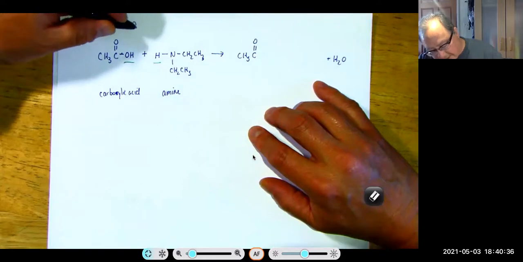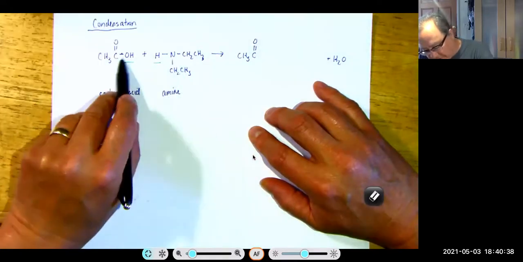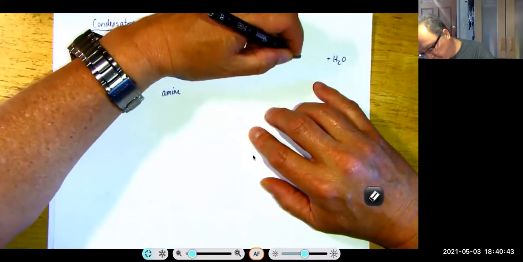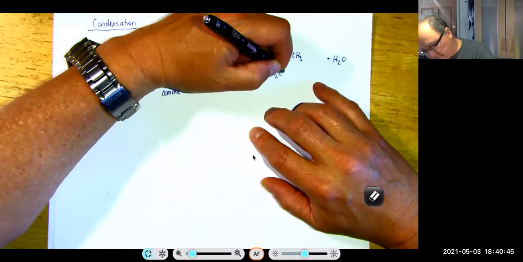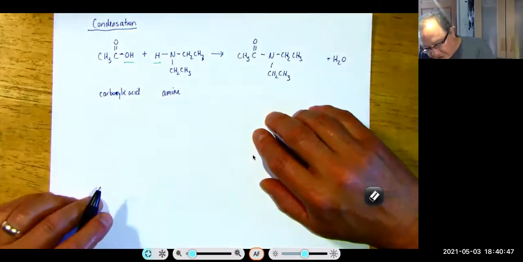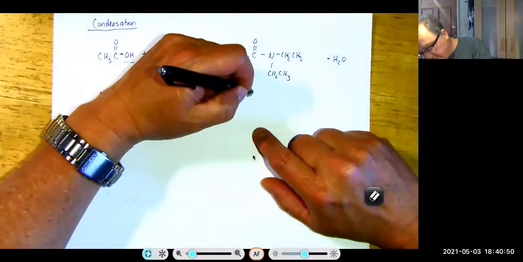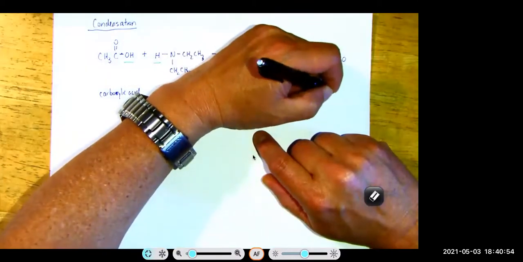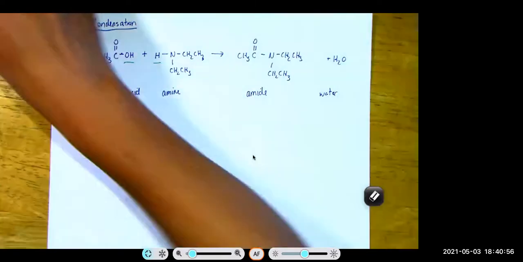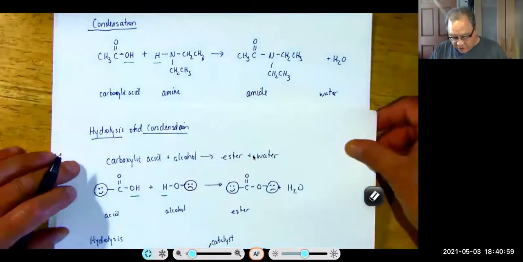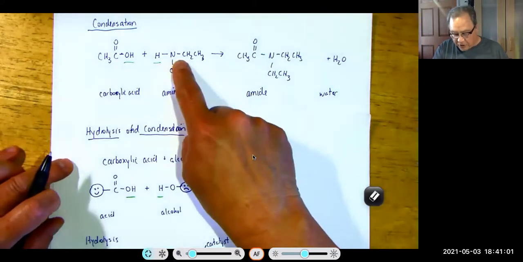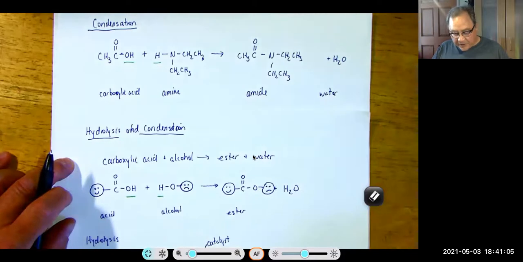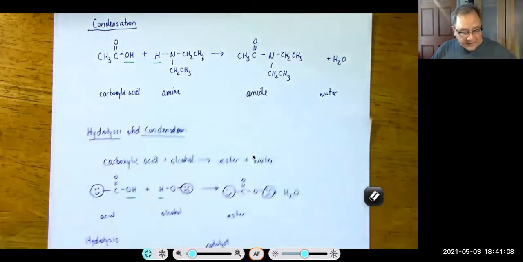Now you can see that the nitrogen is going to attach to this carbon. So this is called an amide. So the difference between this reaction and this reaction is that you don't start with an alcohol, you start with an amine. You don't make an ester, you make an amide. But it's still putting two things together and condensing them.